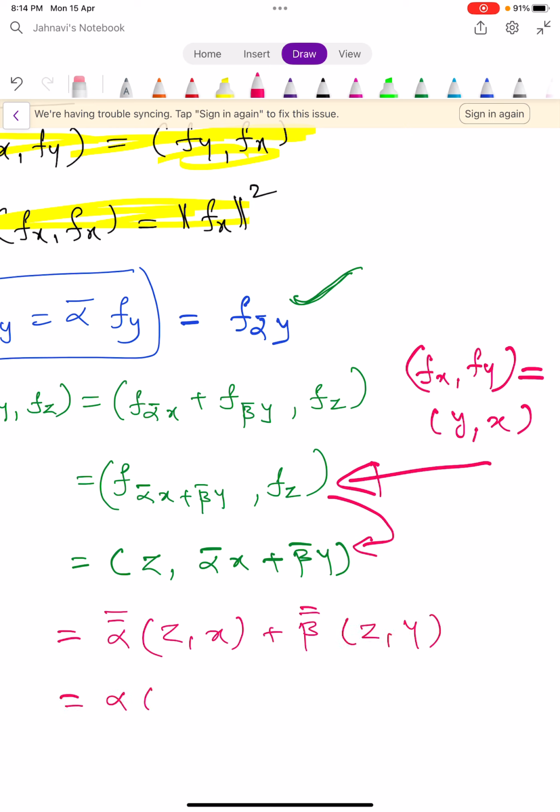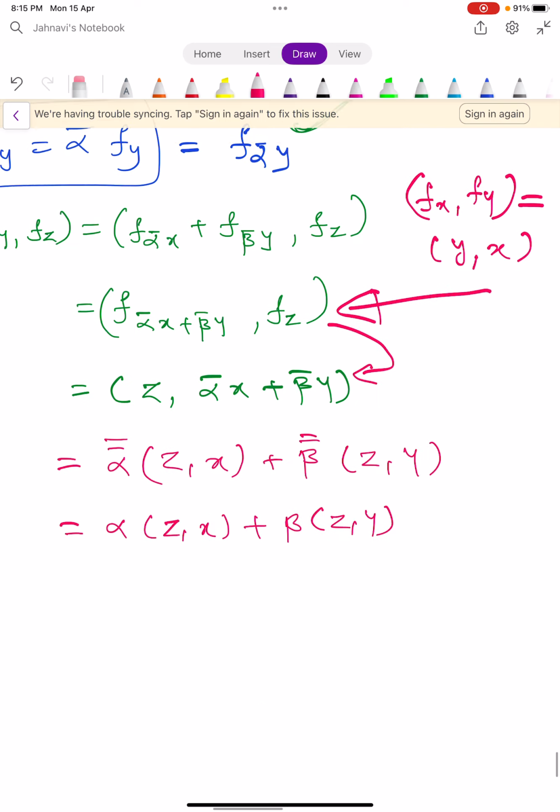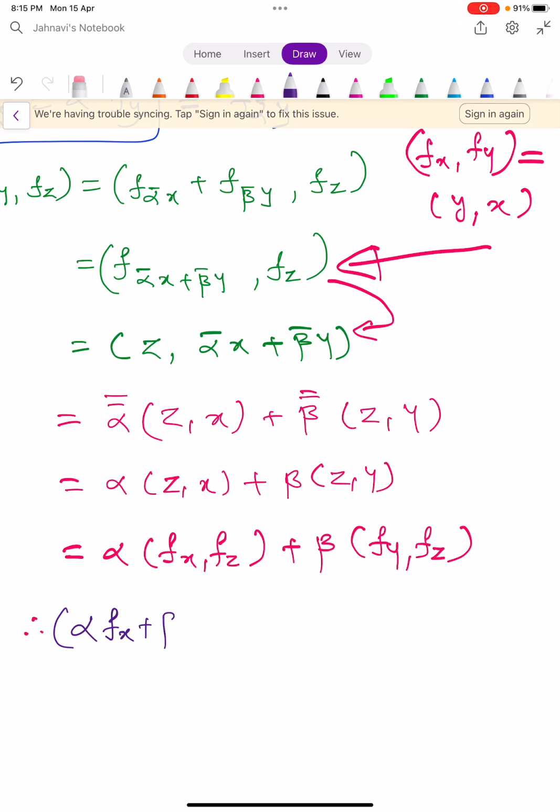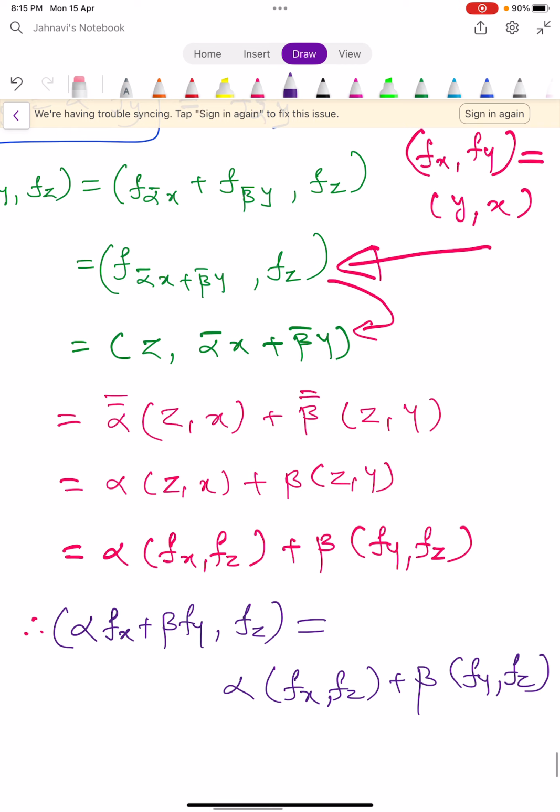So it is simply alpha times the inner product of zx plus beta times the inner product of zy. This is nothing but alpha times the inner product of fx comma fz plus beta times the inner product of fy comma fz. Therefore we conclude that the inner product of alpha fx plus beta fy comma fz is equal to alpha times the inner product of fx comma fz plus beta times the inner product of fy comma fz. That's it. This is the first property.